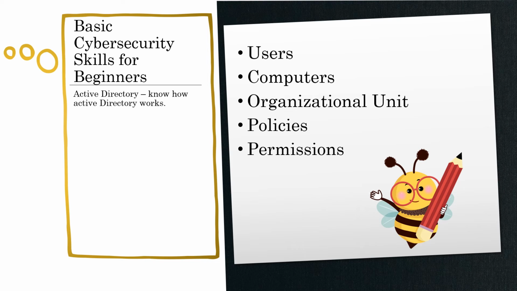When new employees start their work, they are given permissions, and some of them have read only rights, some of them have write only, some of them have read and write permissions, and all of this is done in Active Directory.